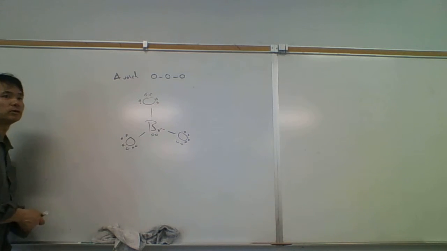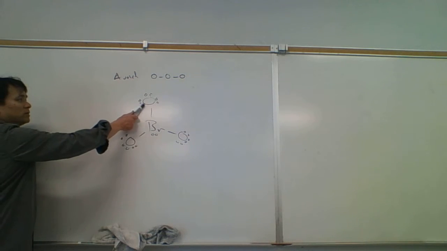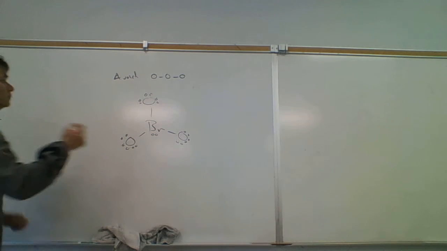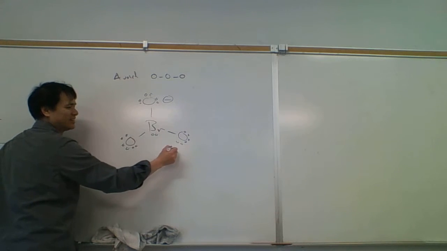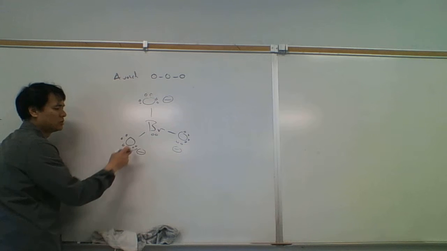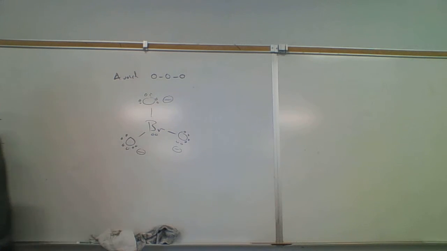And so what are the formal charges here? Like for example, this oxygen, what's the formal charge on that oxygen? Negative. And these oxygens all look the same. So all these oxygens are negative. There's 2, 4, 6, 7 electrons. Oxygen should have 6.